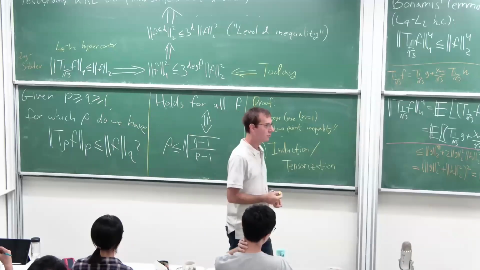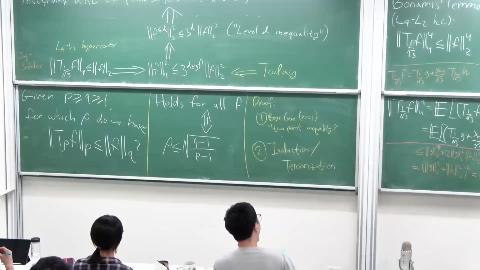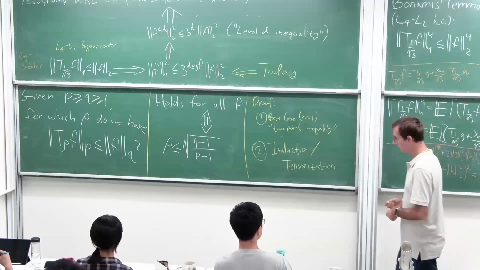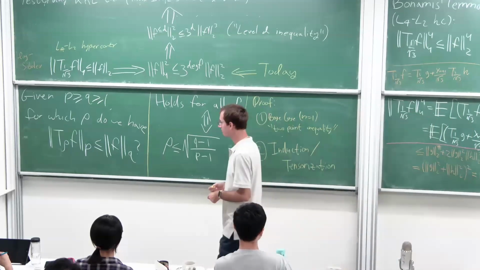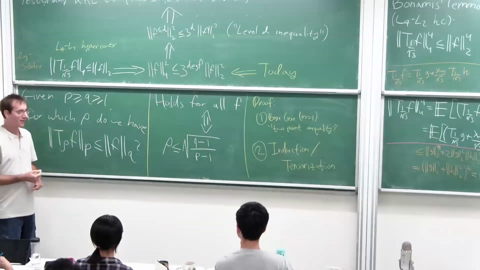It allows you to prove something called small set expansion that I don't have time to explain. And other things. So you don't need it for proving the KKL theorem, but you do need it in some other applications. Okay, so now you know what hypercontractivity is.